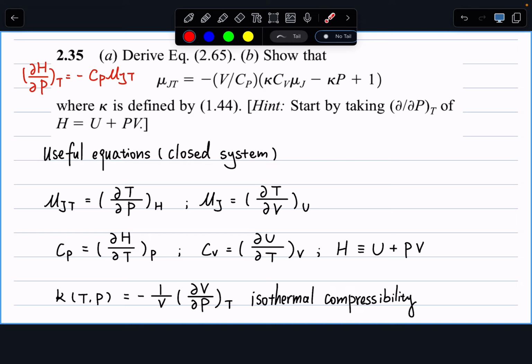So what we have here, V and V, these two are checked. And since this partial derivative just equals negative χ times V, which is by definition true given the isothermal compressibility, this negative χPV term is also checked.